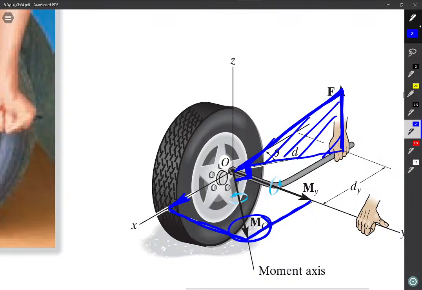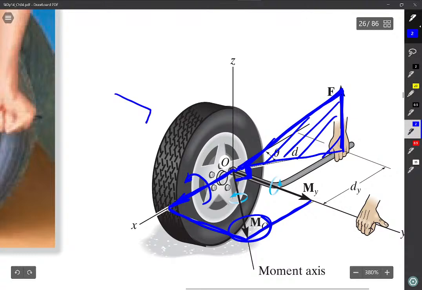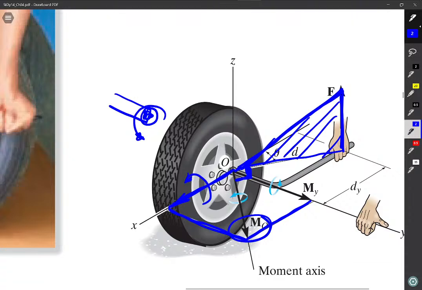And in fact, a moment is a vector. It could be broken into two components. This one, in essence, is meant to twist the bolt off. In other words, if you had a bolt that was sitting here, I'm not a great drawer, but you could actually twist it about this way, which would be, in this case, loosening that.